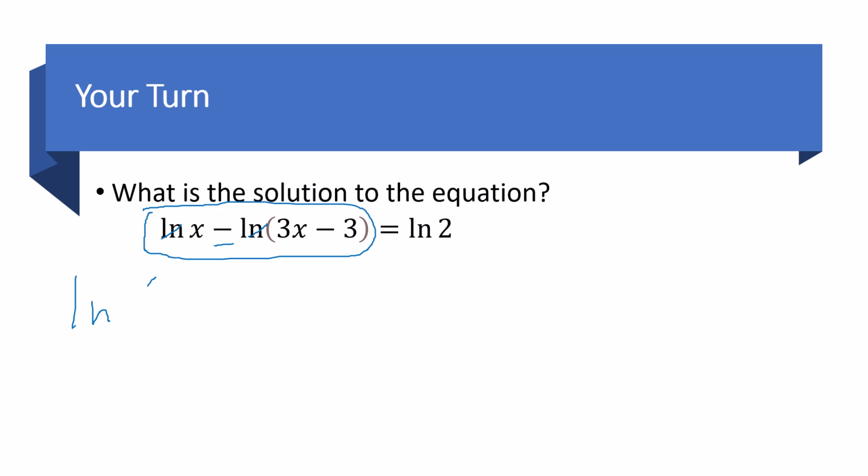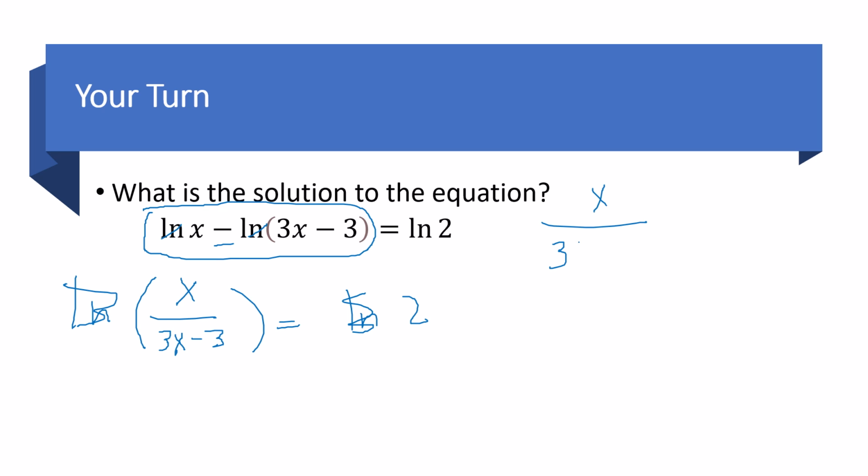So we have the natural log of x over 3x minus 3 is equal to the natural log of 2. Let's take that out and set up our equation. So we have x over 3x minus 3 is equal to 2. Multiply both sides by 3x minus 3.